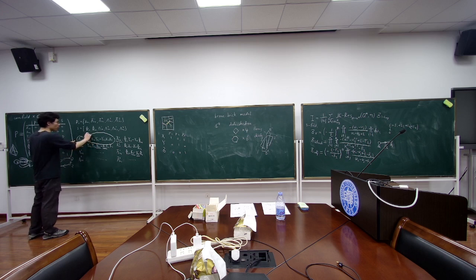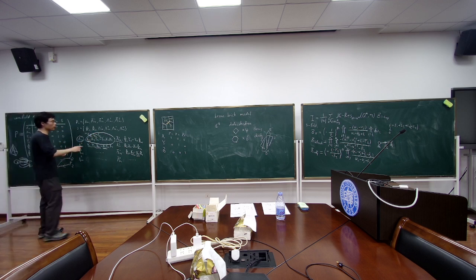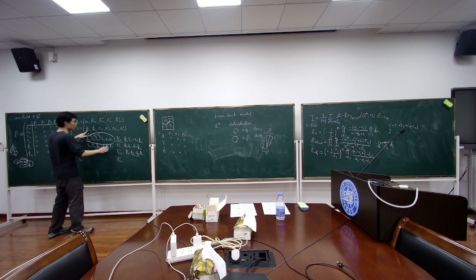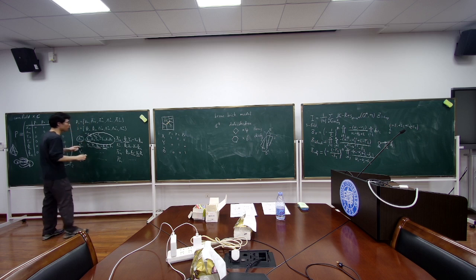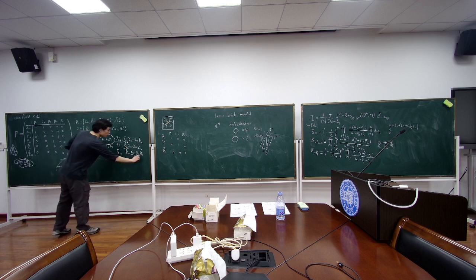So if this is, say, epsilon X21, epsilon X12, epsilon Y21, then this is just minus the sum of the three. And if I choose S, then I would have S11 here, and S11 here, and also S11 here.